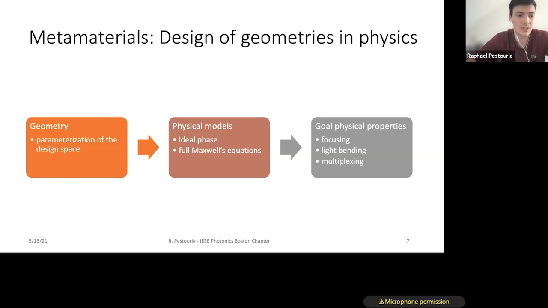For this type of device, it requires a supercomputer, or at least a lot of memory. And then since it's a design problem, what you care about is a goal physical property. You may want your metasurface to focus light on a focal spot, or to bend light, or to build a multiplexer which will send light of different wavelengths to different points in space.